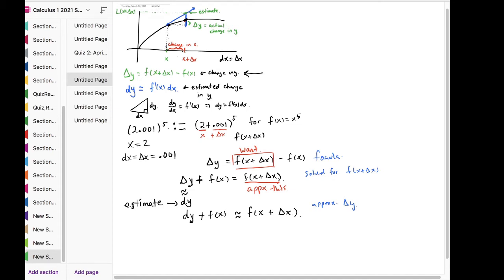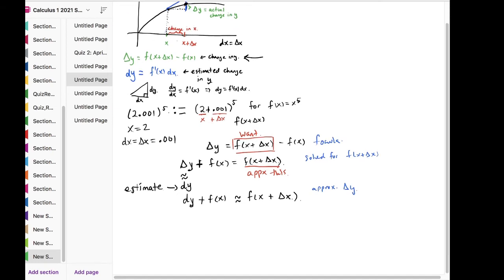So adding f of x on both sides, we get delta y plus f of x, so dy plus f of x. Okay, so what is dy? We have our formula. dy is precisely f prime of x dx. So f prime dx plus f of x is very close to being equal to the actual value.